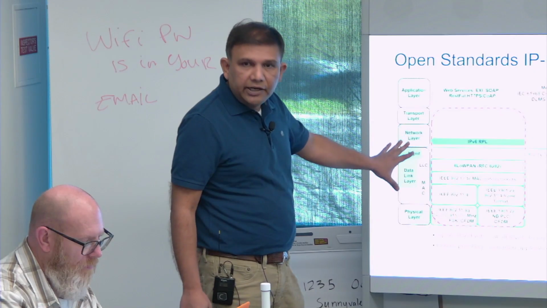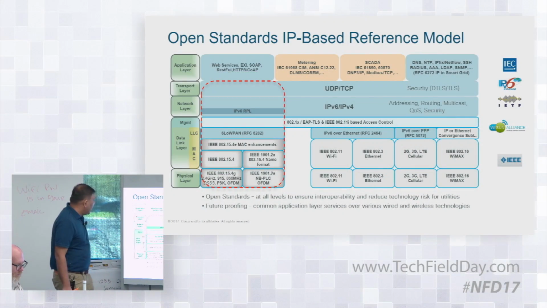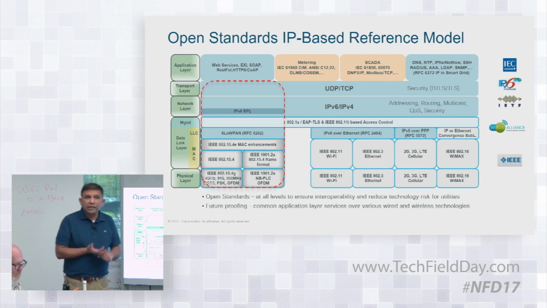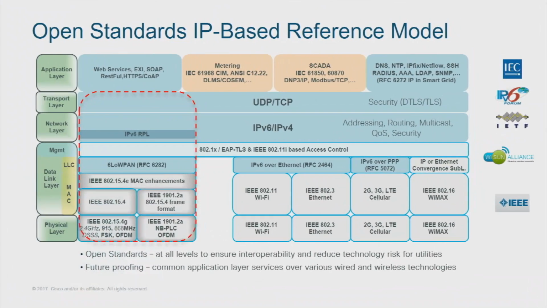So this is how the field area network stack looks. At the physical layer, you have 15.4G. IEEE worked on the 15.4 and came out with the G amendment, which calls out the SUN PHYs, the Smart Utility Network PHYs, which are the FSK, OFDM, and the associated data rates. There's the 15.4 MAC layer.